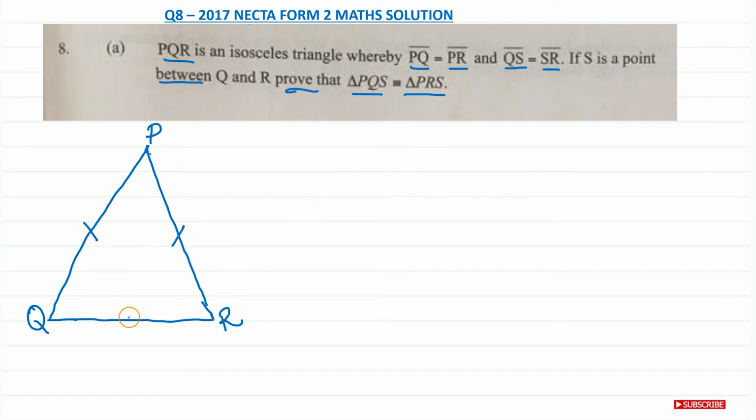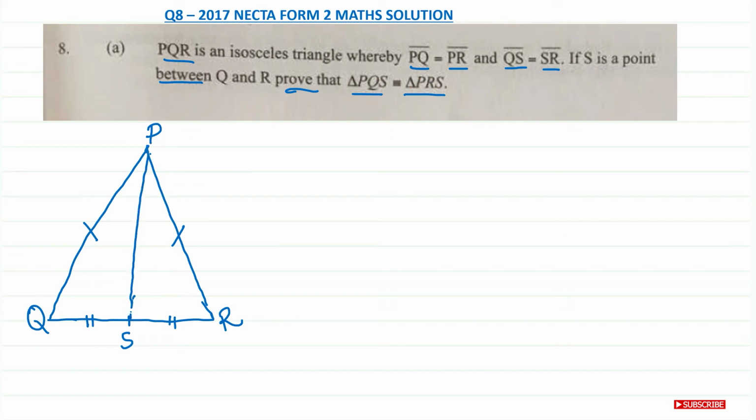That means S is going to be located halfway between Q and R. So this line is equal to that line SR. Right, so we now have our triangle PQR, but we need to make these two triangles PQS and PRS, which means we need to draw a line right here.